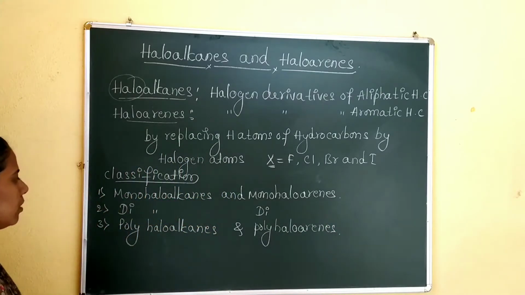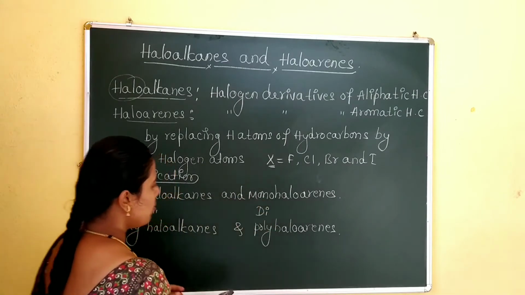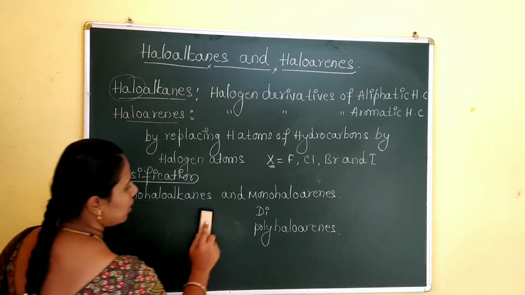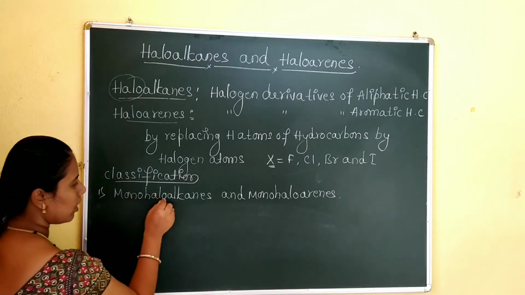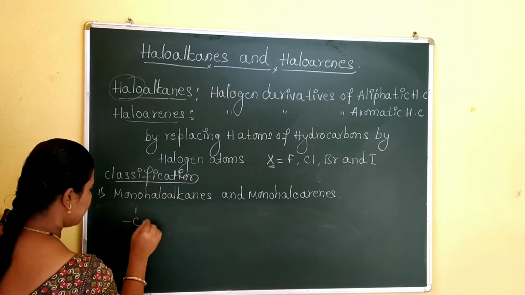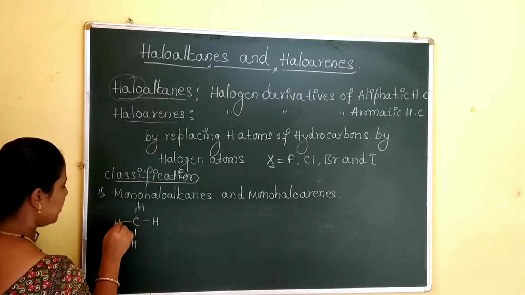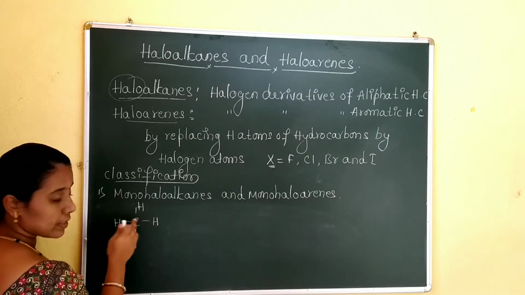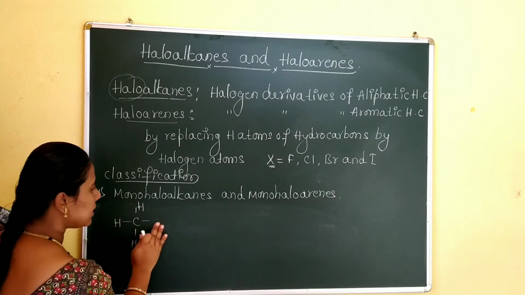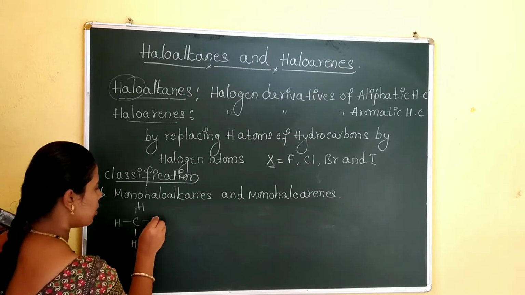Okay. Now I wish to give examples for these monohaloalkanes and monohaloarenes. See here, monohaloalkanes. Methane is an alkane. Here in this case, one hydrogen atom of this alkane, methane, is replaced by one halogen atom, for example, chlorine.